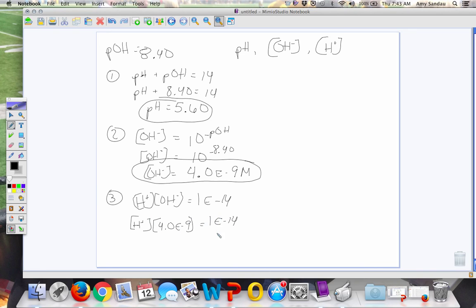That's going to be 1 E negative 14. When you divide both sides by 4.0 E negative 9, you get a hydrogen concentration of 2.5 E negative 6 molarity. And there you have it. That's a way to find all 4 variables given each time given something different.